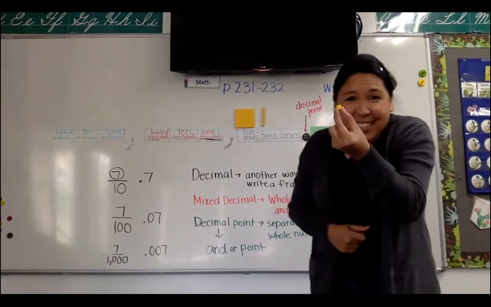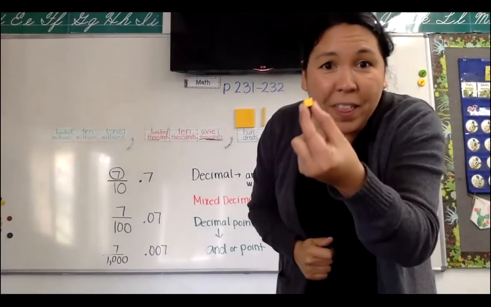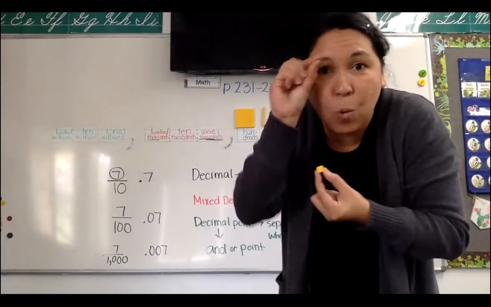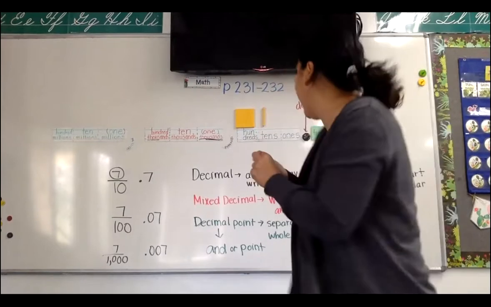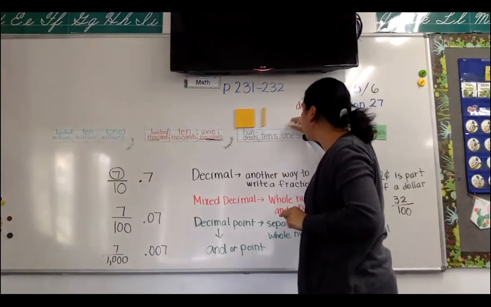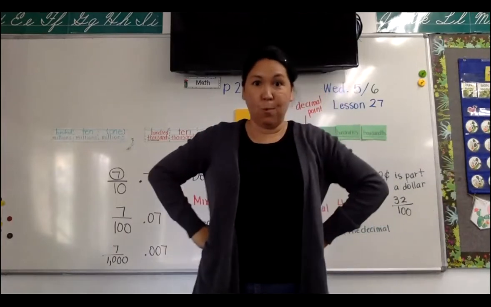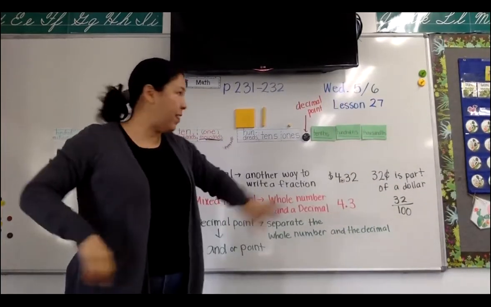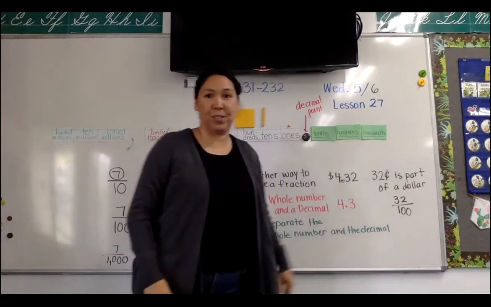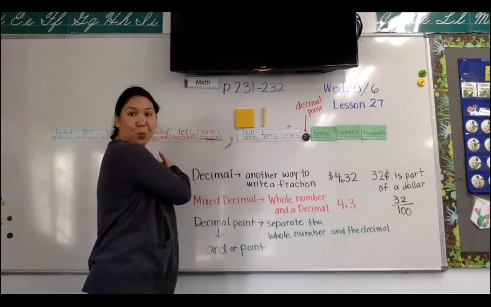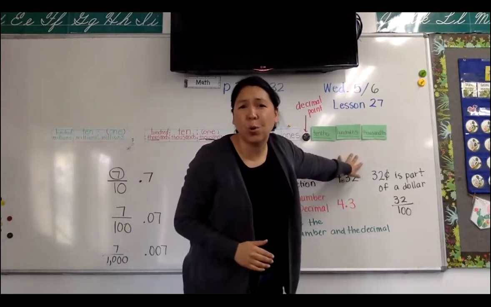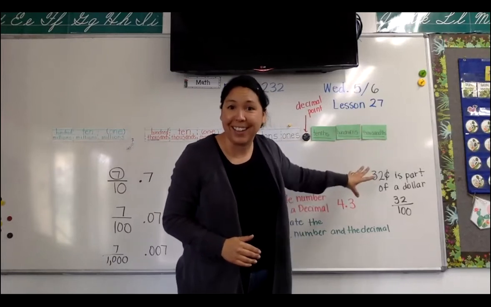It's cutting this little guy into 1,000 pieces and taking one of them, okay? All right, so now that you know what decimals are, what is bigger? These numbers or decimals? These numbers, right? These numbers are so small, so tiny, okay?